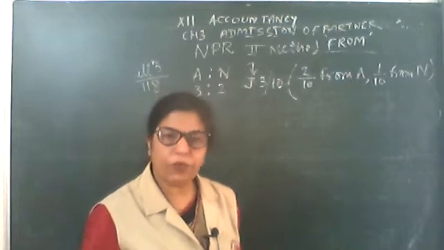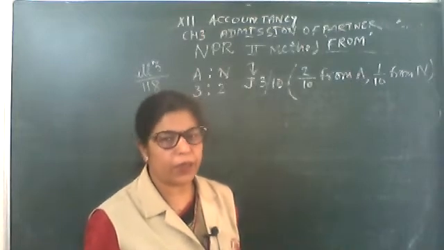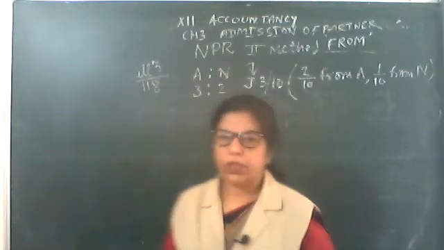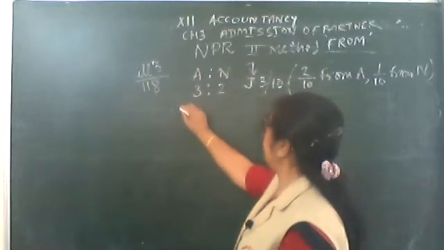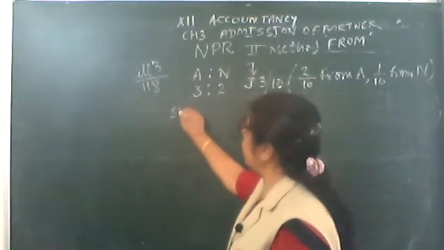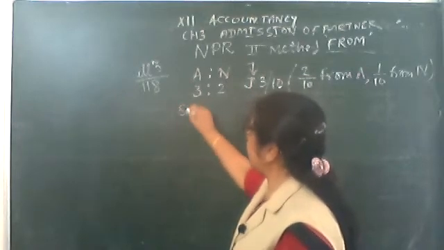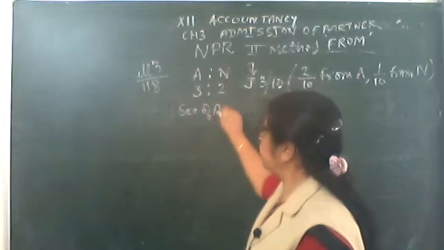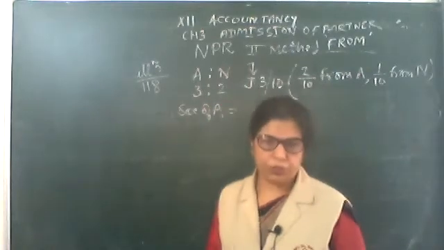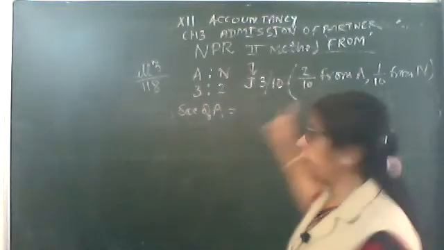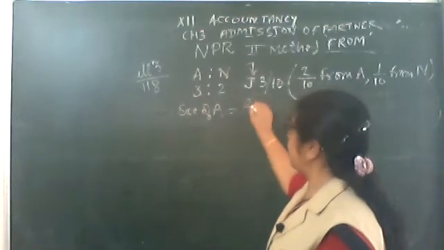Now I will give you steps one by one. Look at the board. First we calculate the sacrifice of A. A means Anshu. Sacrifice of A is 2/10.